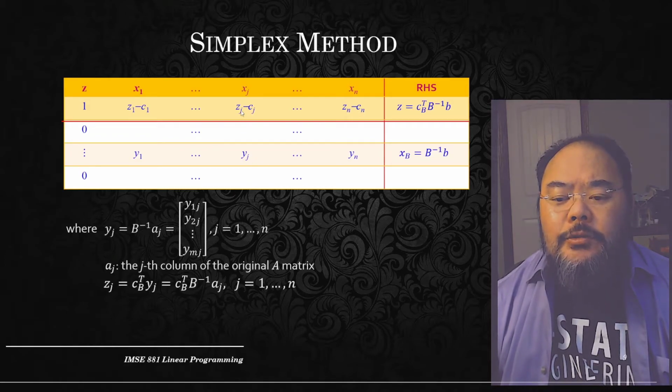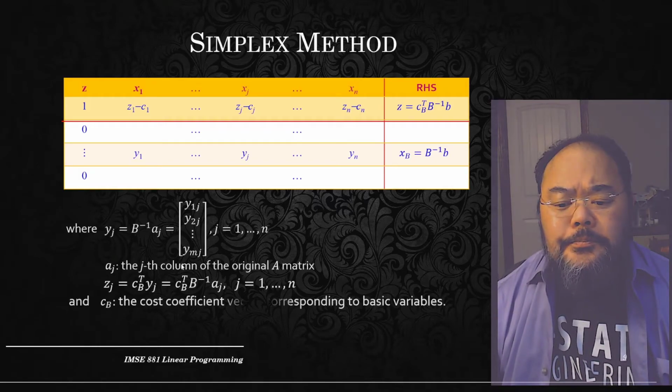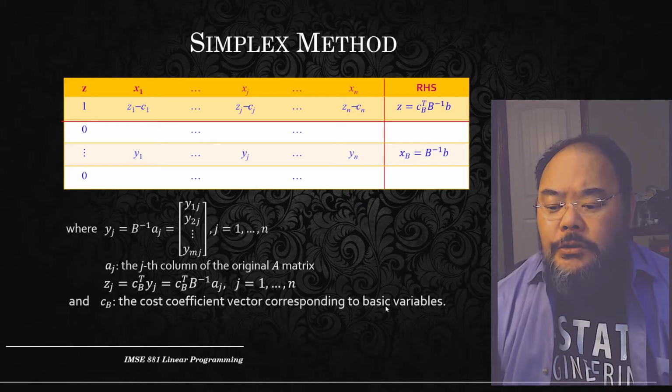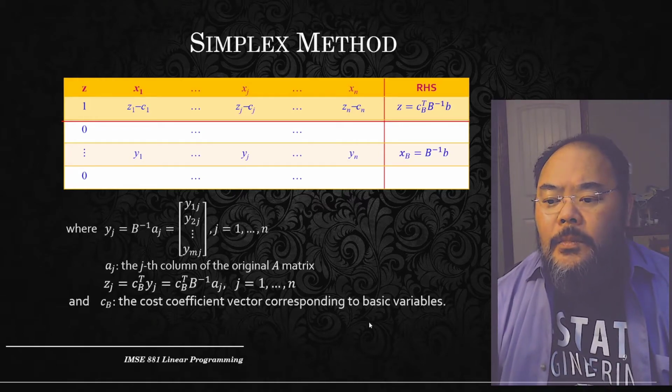That also equals cB transpose times B inverse times aj, because B inverse times aj equals yj. And cB is the cost coefficient vector corresponding to the basic variables. That's all there is to it.